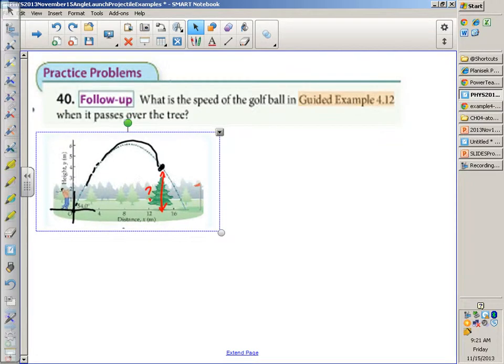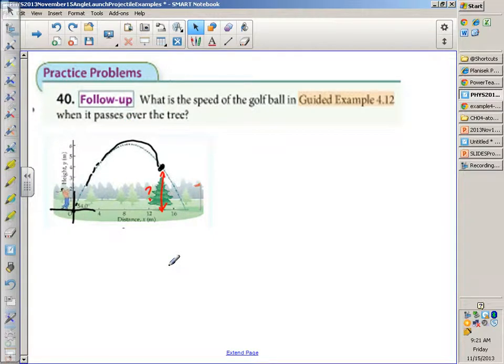Number 40, which is on the next page of your book, but down in the bottom left, says, what is the speed of the golf ball when it passes over the tree? We found out the height of the golf ball at that point in time, but now it wants to know what the speed is.